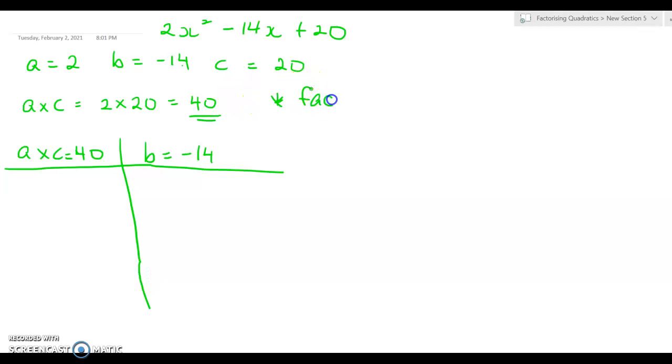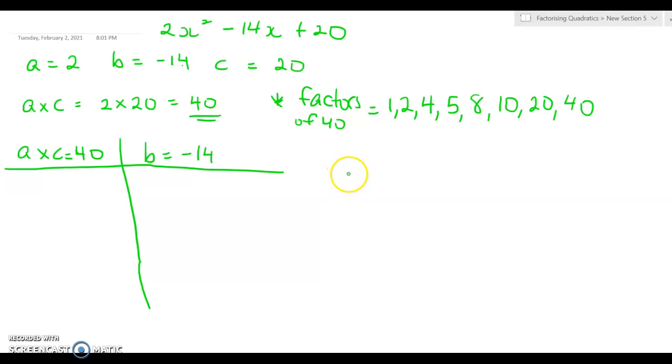So the factors of 40 would be 1, 2, 4, 5, 8, 10, 20, and 40.